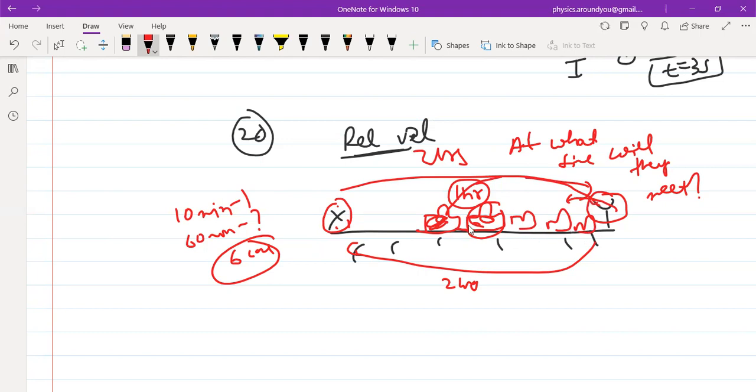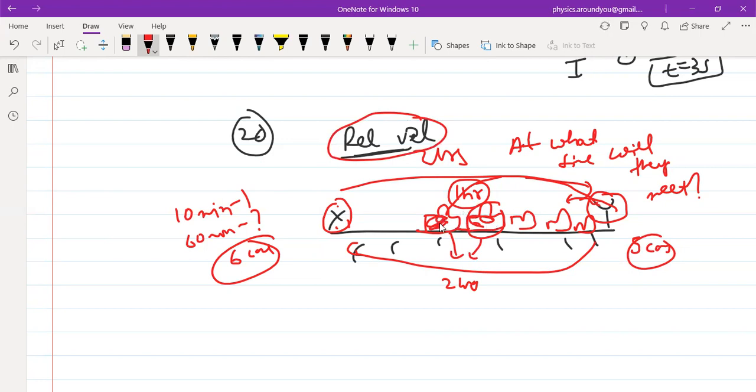By this 1 more hour, when this car reaches there, just five cars would have come from Y. So totally you make an estimate of how many cars each of them is meeting using relative velocity. I use relative velocity only for one purpose: at what time will the first two cars meet?